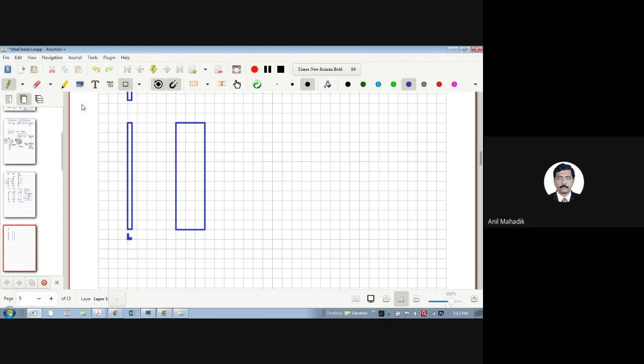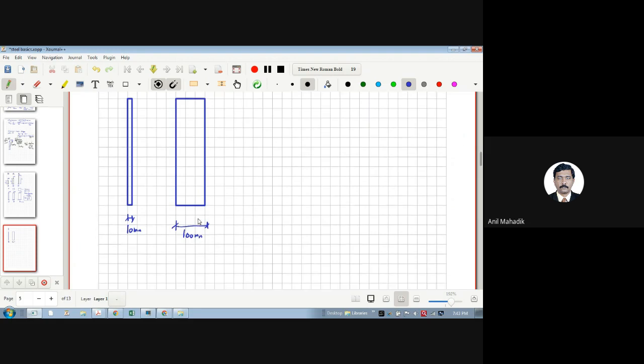Let's say this scale has a dimension of 10 mm and this dimension is 100 mm.